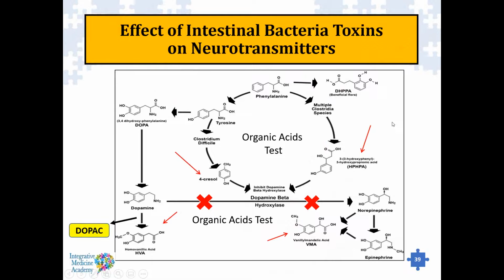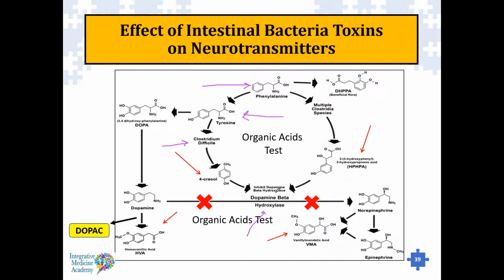So what happens if you actually have a number of things going on? Let's say there's a scenario where you have some kind of genetic variant in dopamine beta hydroxylase, which slows down its function. At the same time, you throw in some Clostridia difficile. At the same time, you have a patient taking either tyrosine or phenylalanine because they think that they need that for whatever reason.